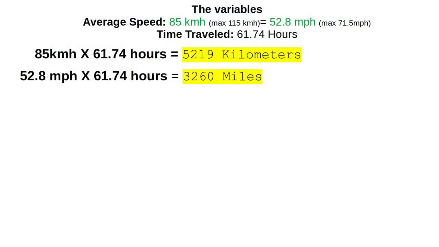So with that, we can then start calculating some variables. So they gave us the average speed of 85 kilometers per hour, or 52.8 miles per hour. And that is for a passenger train.